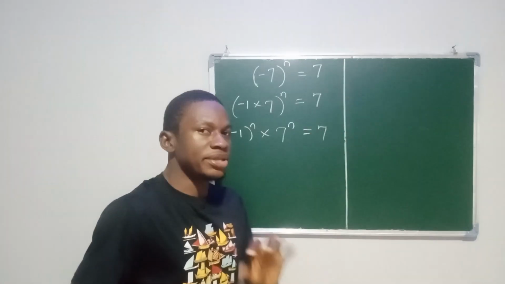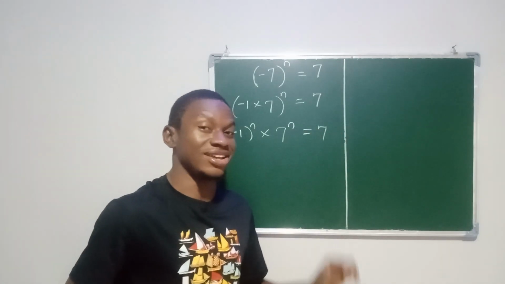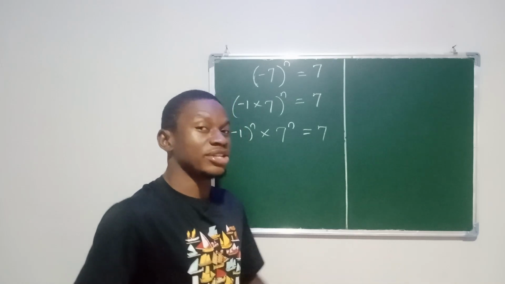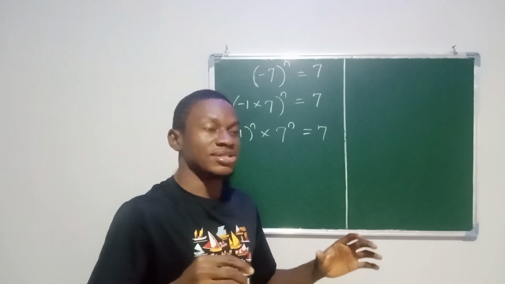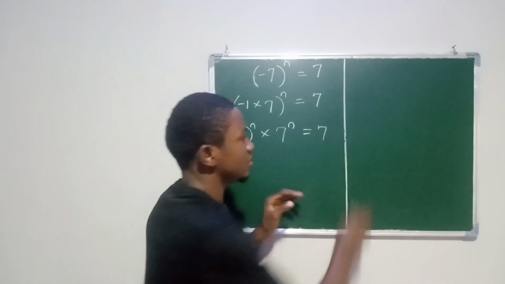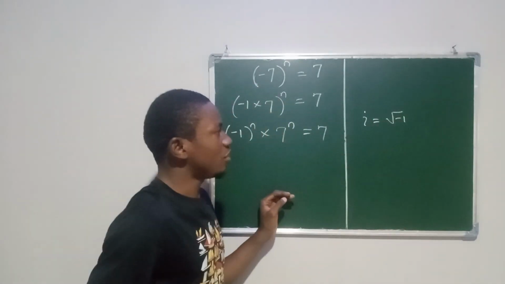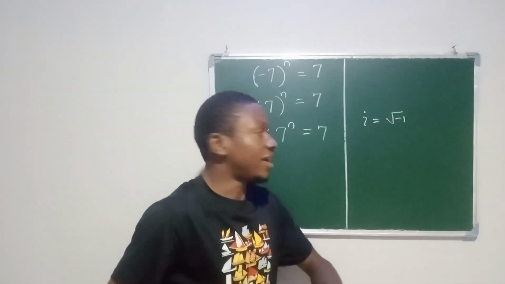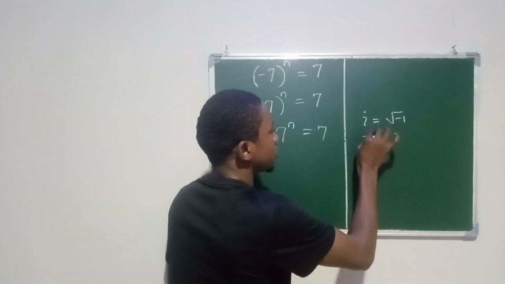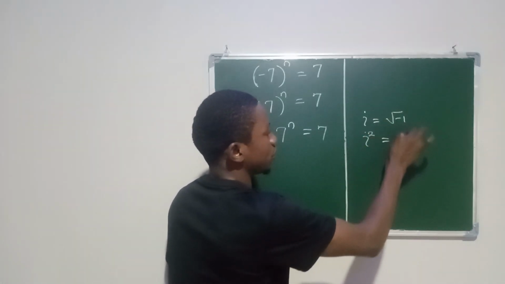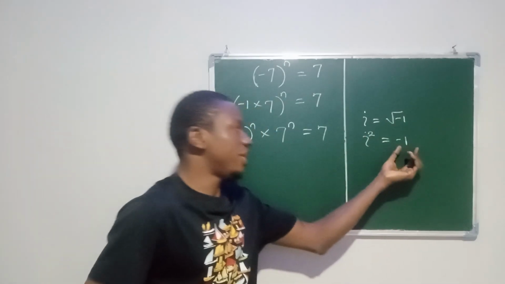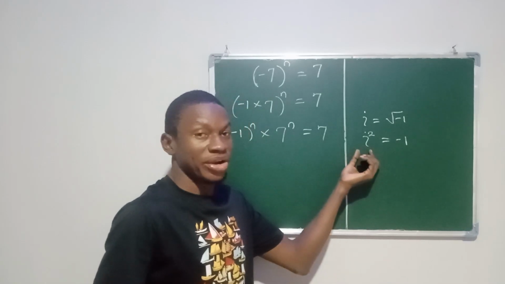Let me take us back to the knowledge we had in complex numbers, that the square root of minus 1 is equal to i. That is, i is equal to the square root of minus 1. If we square both sides, we have that i squared is equal to minus 1. In other words, minus 1 is the same thing as i squared.